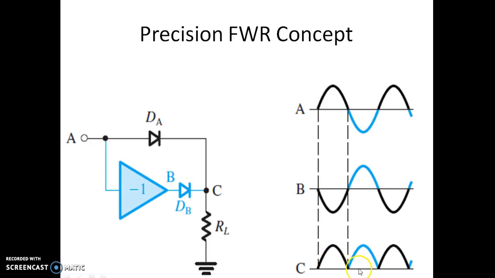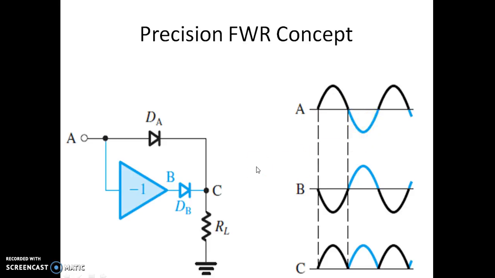Whenever dB is on, the output voltage follows the input voltage. During the positive half cycle we get the output voltage due to diode dA, and during the negative half cycle of the input voltage we also get the output voltage in the same direction, due to dB. So using an inverting amplifier here, the output voltage is there both during the positive half cycle and the negative half cycle of the input voltage.